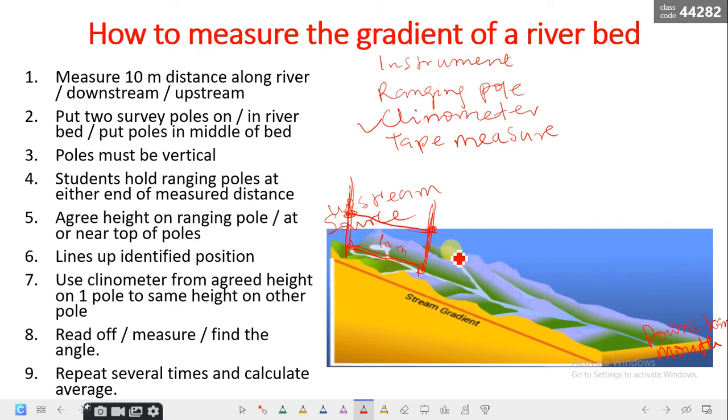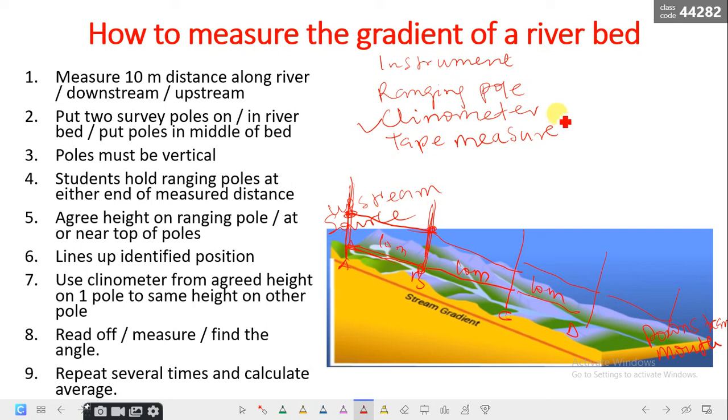Then you continue. Let's say this is point A, point B. You now measure another 10-meter distance to point C, and the distance here should also be 10 meters. Then you have transect D, another 10 meters. You then measure the angles from each individual point, and you'll be able to draw a graph which will give you a true picture of the gradient of that particular river.